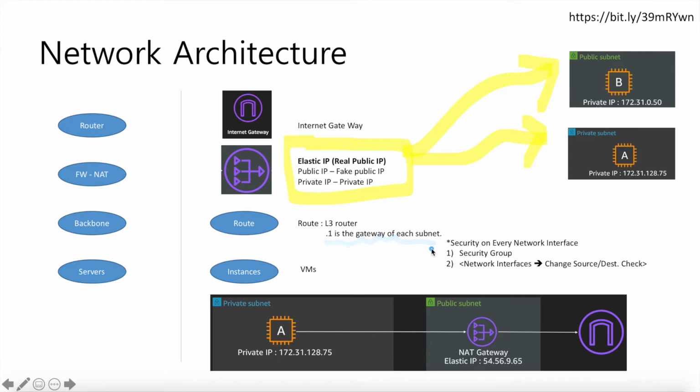And also when you configure AWS, there are two things about security. One thing is the security group. It's like a kind of ACL. So every network interface should have a security group. Also, the hidden thing is the source/destination check.